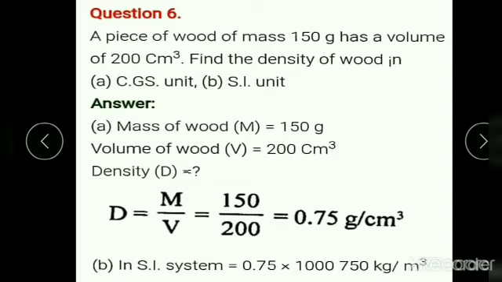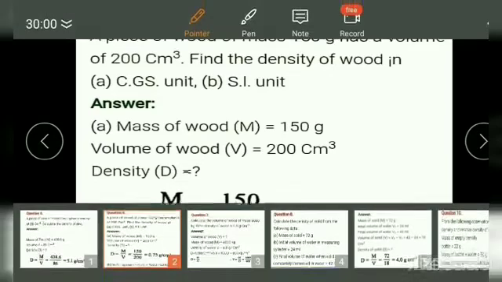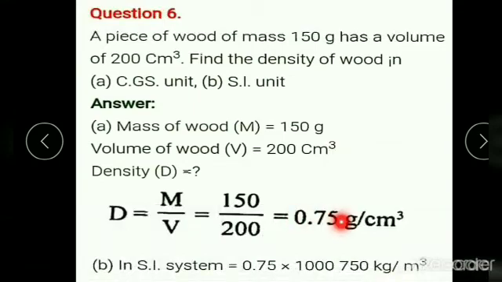So how will you convert gram per centimeter cube to kg per meter cube? You will multiply by 1000. Okay, so when you want to convert it into SI unit, you have to write it in kg per meter cube, right? So in SI unit, you can just multiply the answer by 1000.